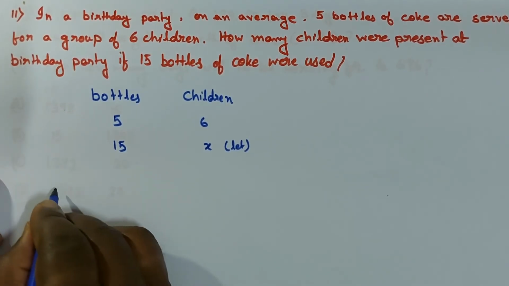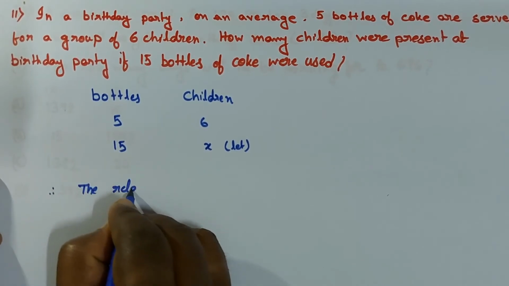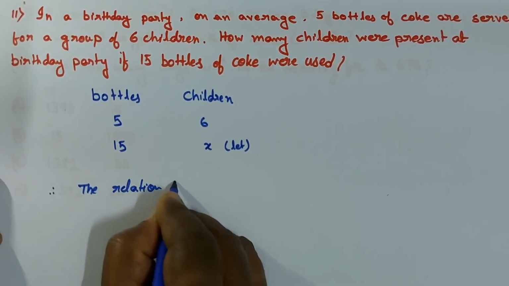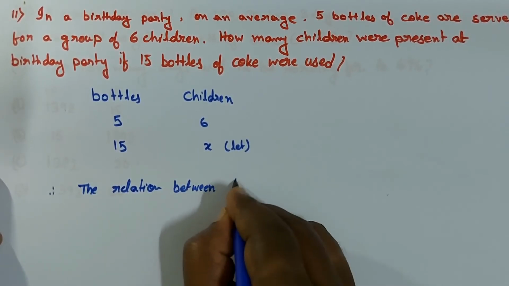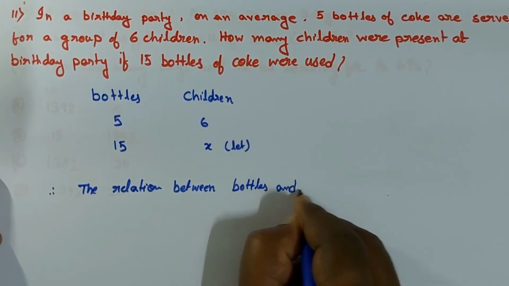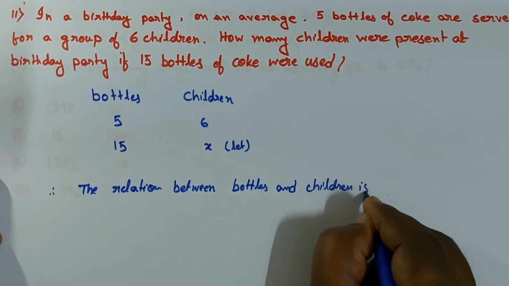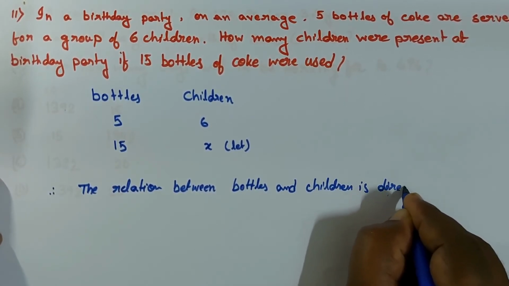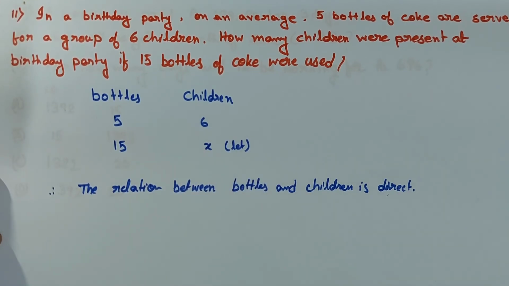So therefore the relation between bottles and children is direct, or they are directly proportional.